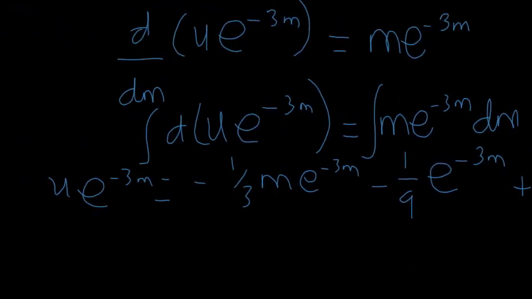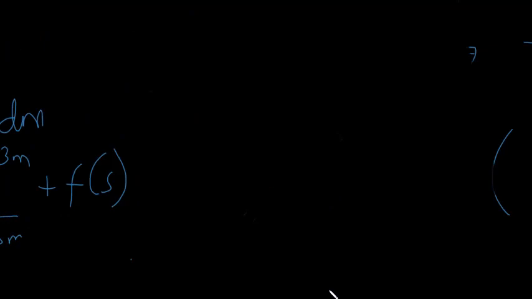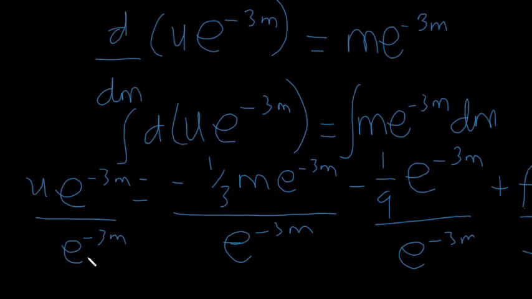Okay, so I can actually divide through by e to the negative 3m. Now that I'm done, I know this will cancel that, that goes with that, that goes with that, right?